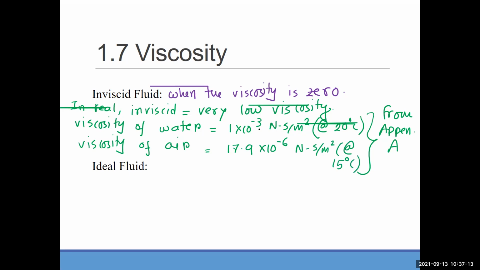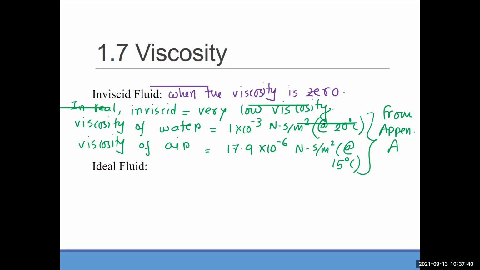Now, can you see these are very small numbers, 10 to the power -6, which is very small, and 10 to the power -3, that is small also. So we can say, though the viscosity of water and air is not 0, it is very small, and we can consider these fluids as inviscid fluid because their viscosity is very, very low.